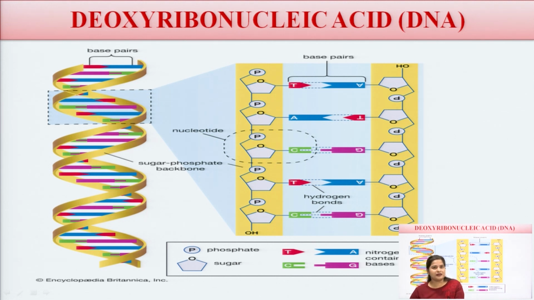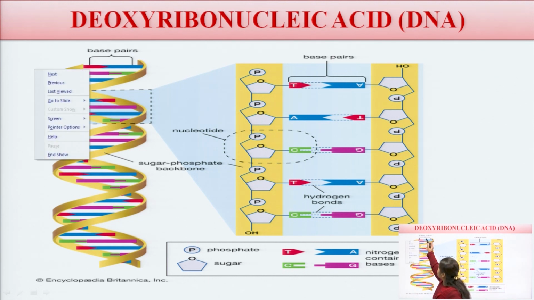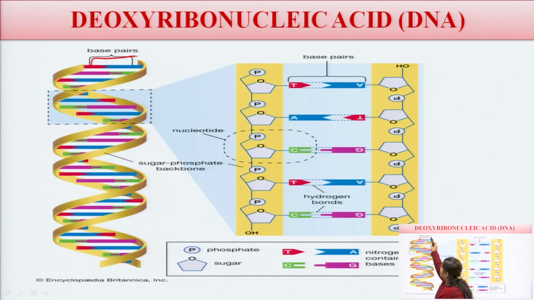So this is the structure of the DNA. These are the nitrogenous base pairs, and this outer layer is made up of the sugar and phosphate backbone.